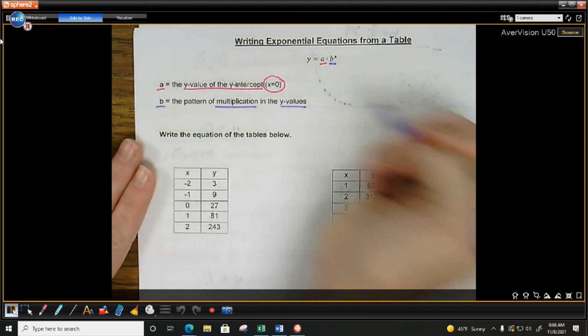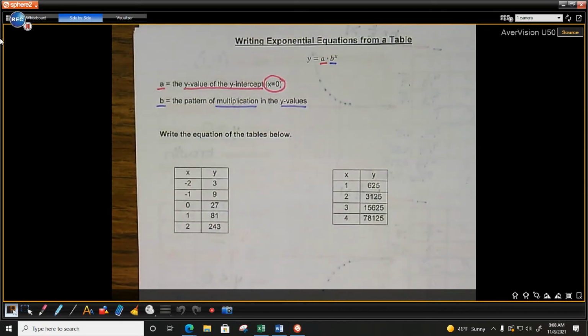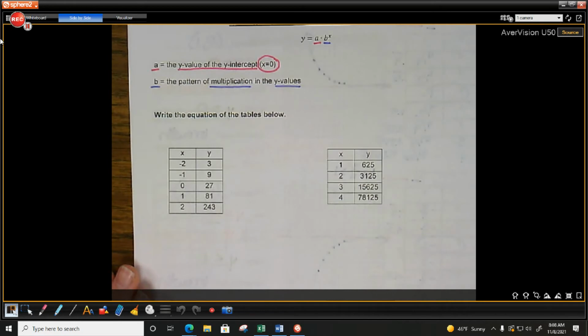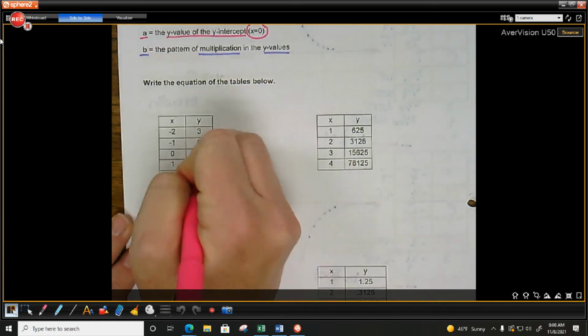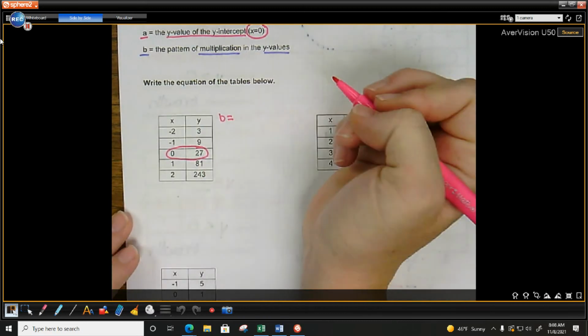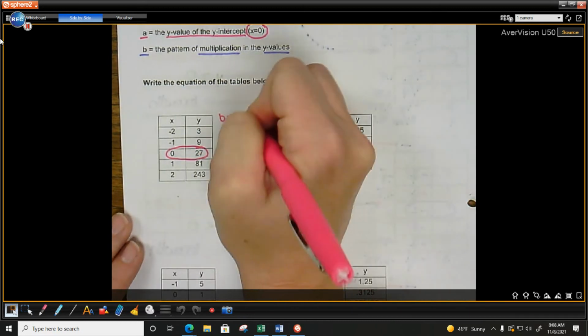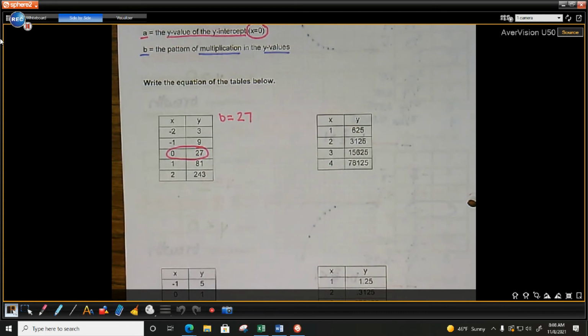Okay, so let's look at our table. Do I see an x value of 0? Yes, right here. So what's my b? B is what? 27. It's the y value where x is 0. Oh, that's not your b. That's your what? Which is your a. I don't know why I put b. That's your a. I'm sorry, guys. I'm losing my mind.